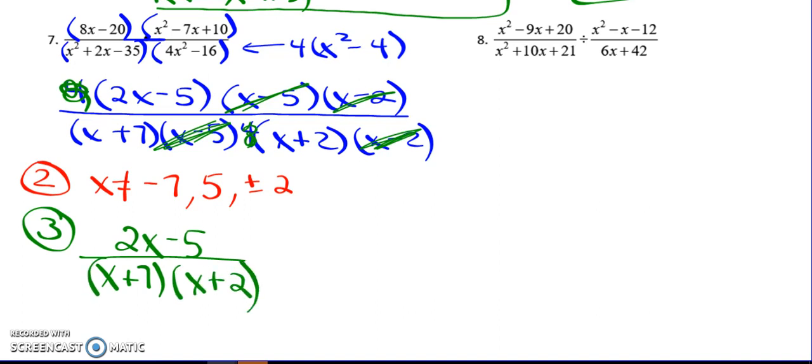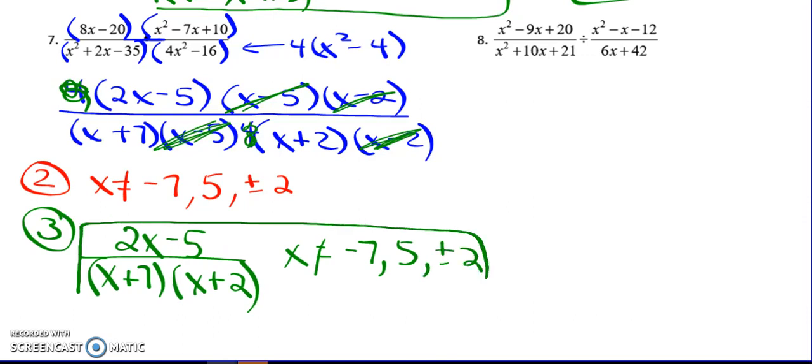And then my restrictions from above, x cannot equal negative 7, 5, or plus or minus 2. All right. Again, make sure, guys, if you need to rewind, pause, make sure you do so. Go back through, make sure we're clear on every step.